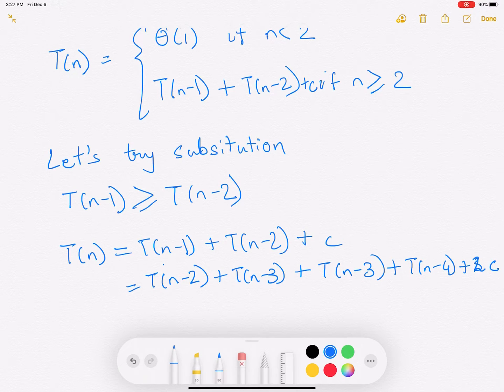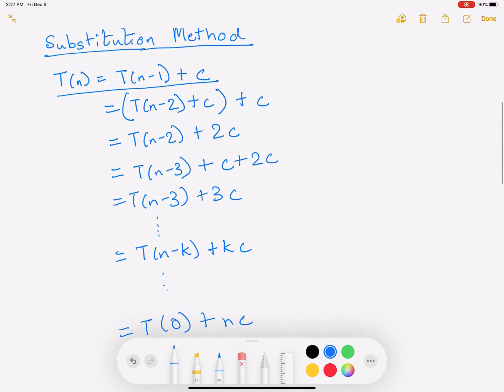Now for each of these, you'll again have to expand. These two will give 2 terms, this one will give 2 terms. So the number of terms keeps increasing. This is going to be very difficult and it's not possible to solve. The substitution method works when there is only a single term on the right hand side, like T(n) equals T(n-1), or T(n) equals T(n-2) or T(n-3). But if there are multiple T's on the right hand side, you won't be able to use the substitution method.